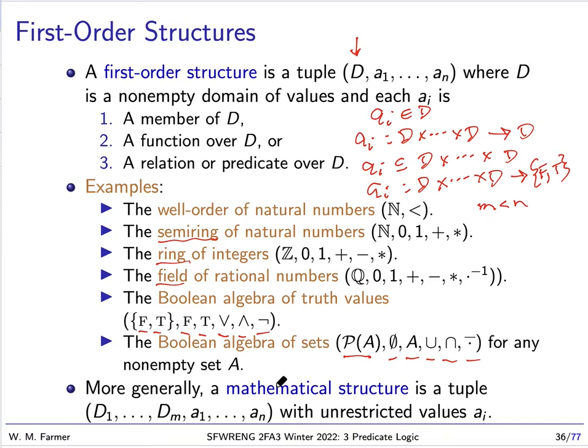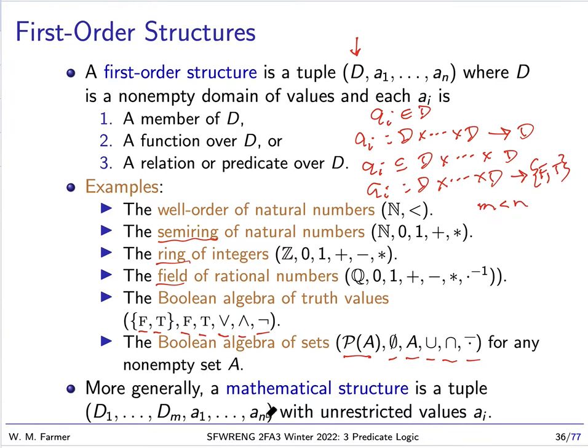Now, just for your own information, first-order structures are a special case of mathematical structures in general. A mathematical structure in general could have several non-empty domains, and it could have a bunch of distinguished values, but these values don't have to be of one of the three kinds here.